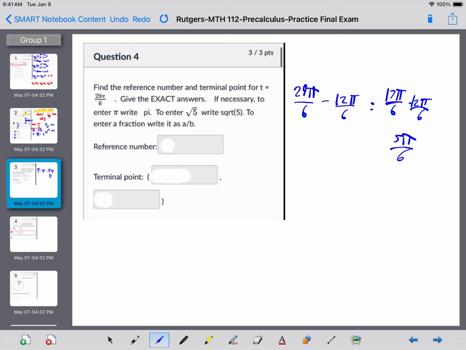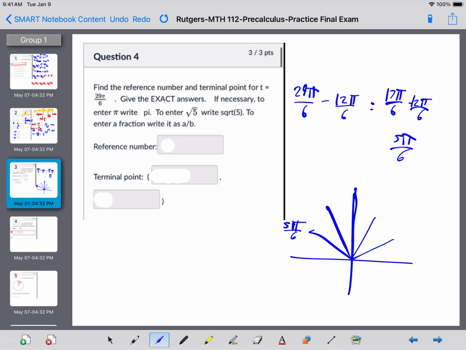And 5 pi over 6 does fall within 0 to 2 pi, right? Because if you follow your 6, 1, 6, 2, 6, 3, 6, 4, 6, 5, 6. That's in the second quadrant, right?